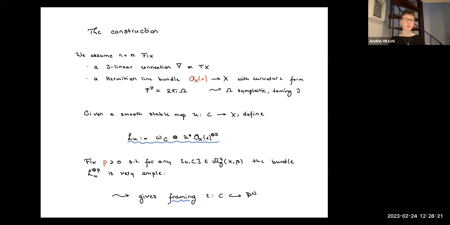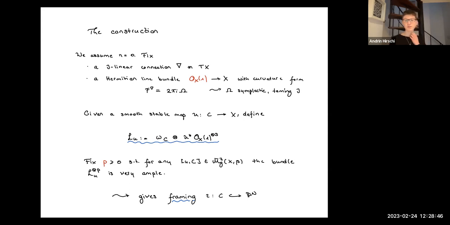What, for example, Pardon does in his implicit atlas construction for the moduli space of stable maps is that he adds marked points to the domain, which make it stable. And so you get an embedding into the universal curve over the moduli space of stable curves. However, the problem with this approach is that you need to choose these added marked points in a coherent or continuous way.